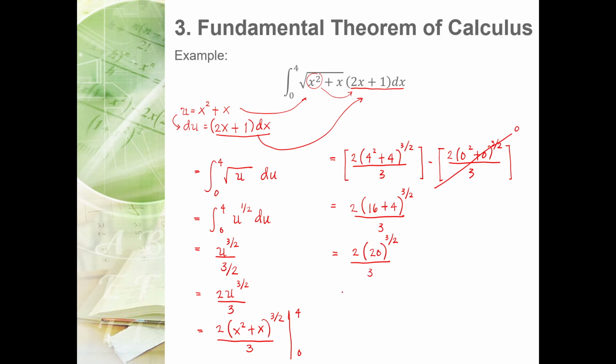So in radical expressions, this is 2 times the square root of 20 cube all over 3. Okay, so 20 cube is 8,000, di ba? So 20 cube is 8,000, so 20 times 20, that will be 400, then times 20 again, that will be 8,000.